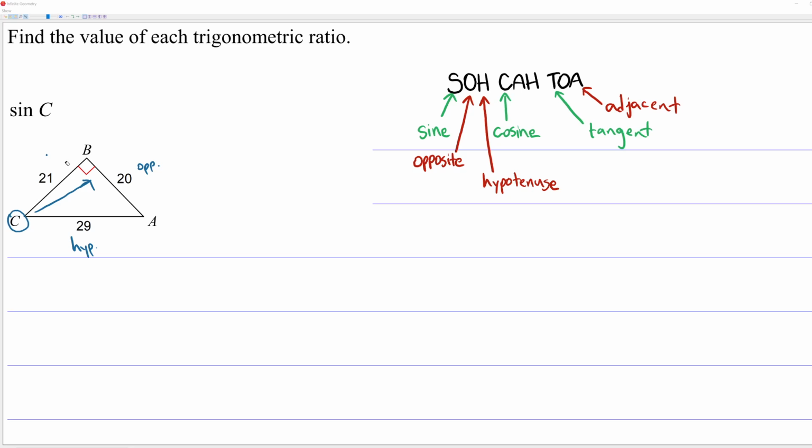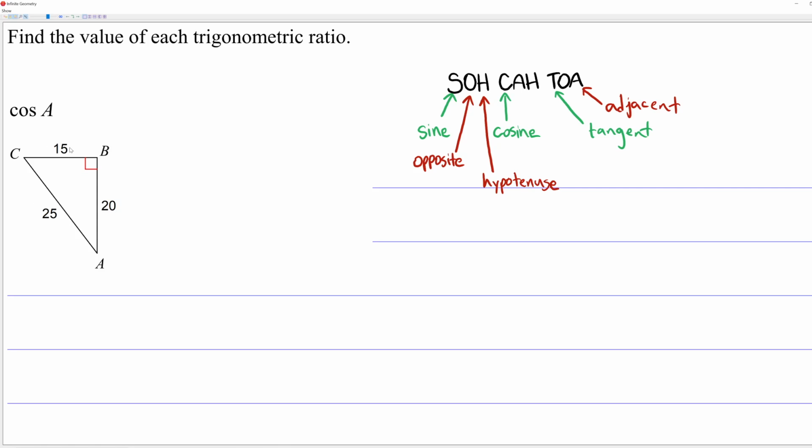Now, I have several examples. We'll go through these a bit quicker. But let's look at this one. We want the cosine of angle A. Now, in the syllables here, CAH. Cosine is adjacent over hypotenuse. So looking at angle A, the adjacent side is 20.